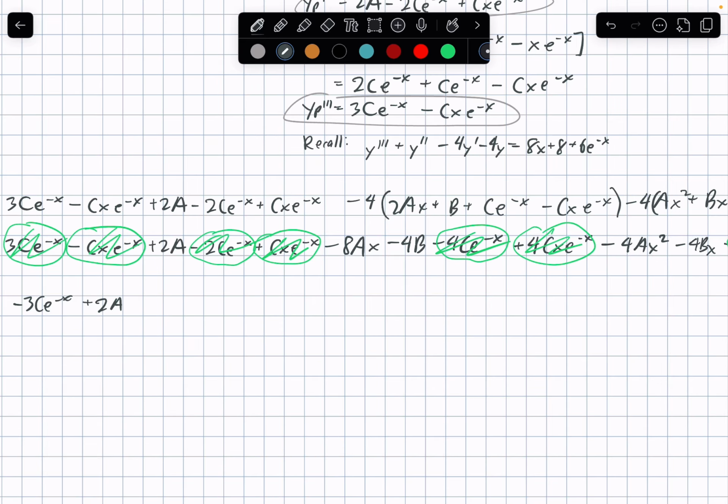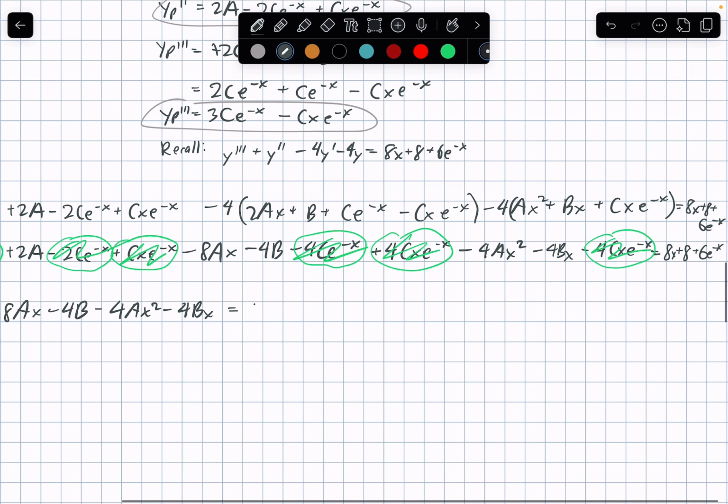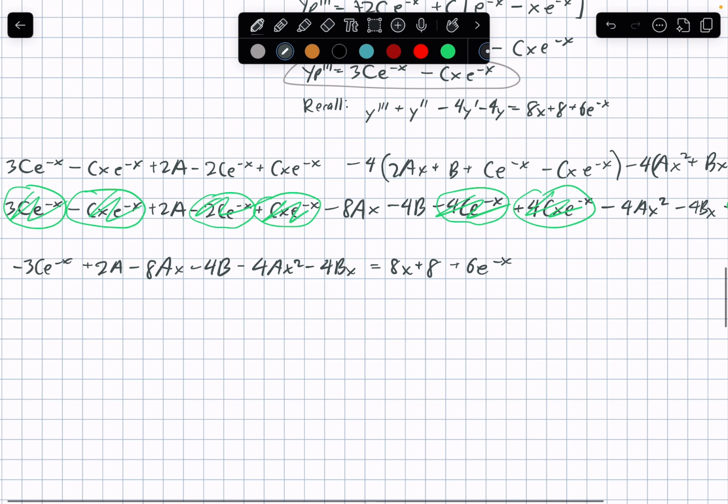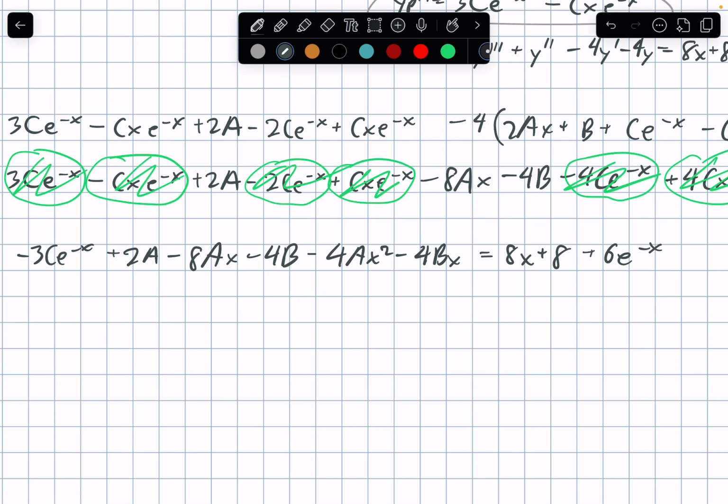Plus 2a minus 8ax minus 4b minus 4ax squared minus 4bx equal to 8x plus 8 plus 6a raised to negative x. Okay, let's now equate the coefficients. Negative 3c equal to 6. There you go. X squared: a is equal to 0.